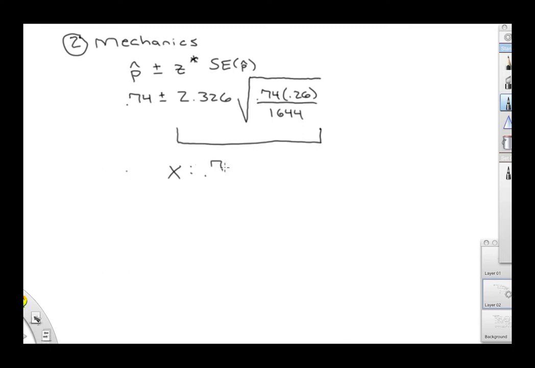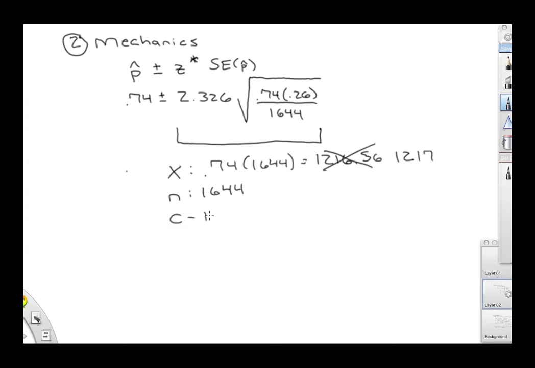So you have 0.74 times 1,644, which gives you 1,216.56. But this is critically important: this must be an integer value in the calculator. Because they rounded the sample proportion to 0.74, I need to round this to the nearest integer, so I replace it in the calculator with 1,217.